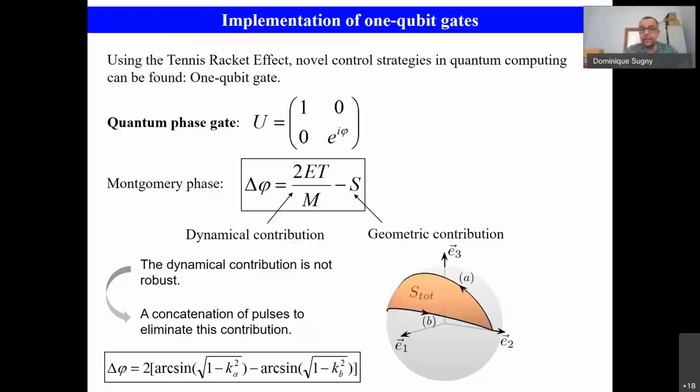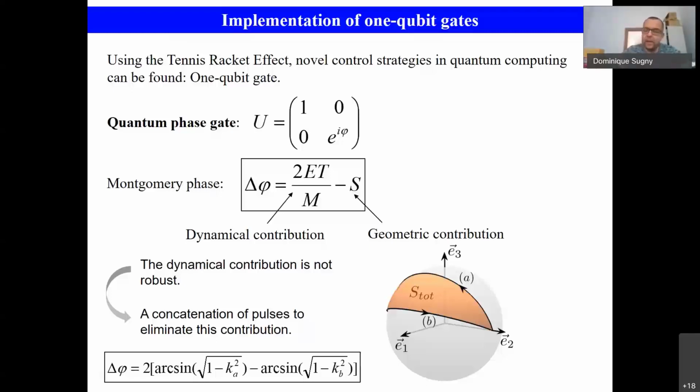And so the idea is the following. In general, the dynamical contribution is not robust with respect to experimental imperfections or experimental limitations, but the geometric contribution is robust to some extent. And the idea is to consider the concatenation of two successive tennis racket effects in order to eliminate the dynamical contribution.